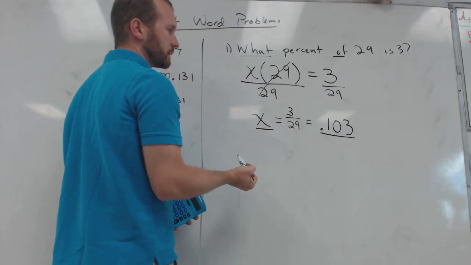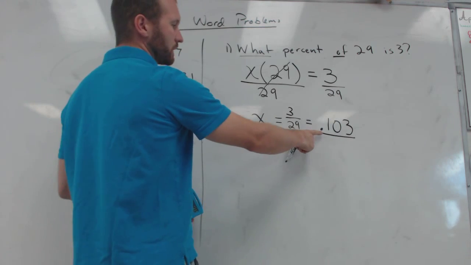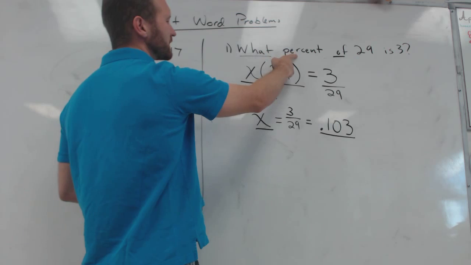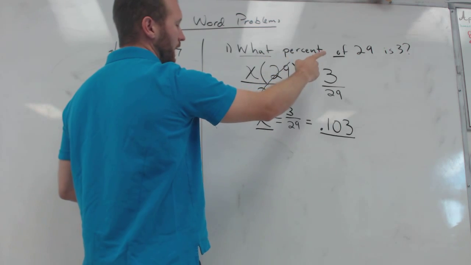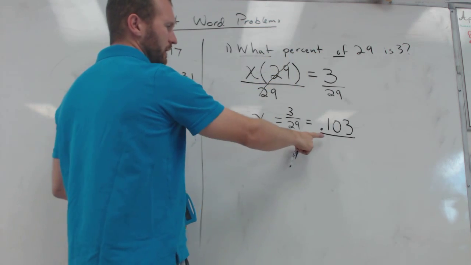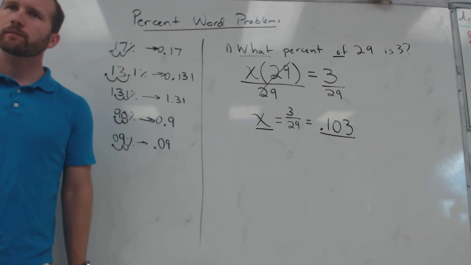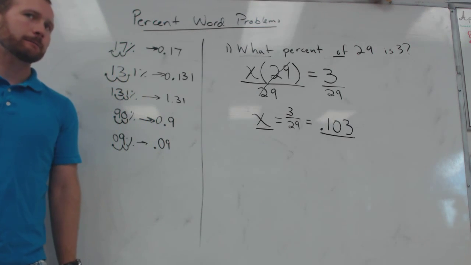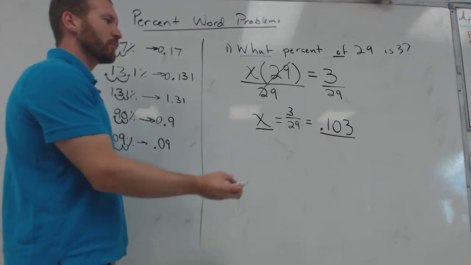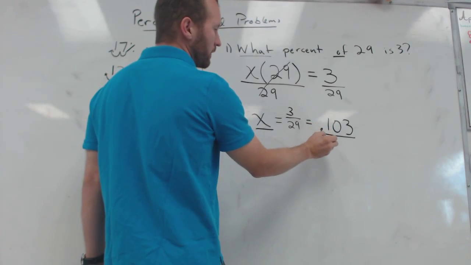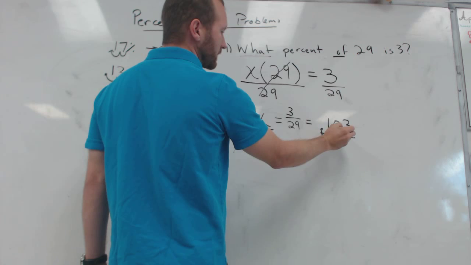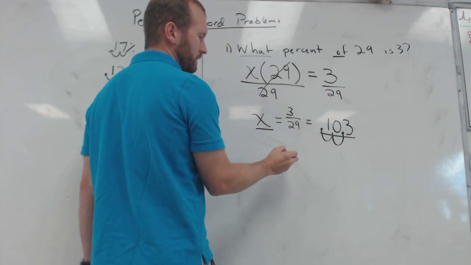This is my x. There's a problem with this though. They said, what percent of 29 is 3? Is this a percent? 0.103? Not yet. So I'm going to move my decimal place back to the right 2 spaces.